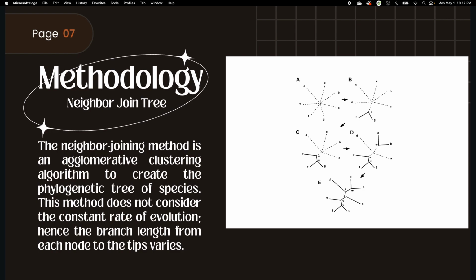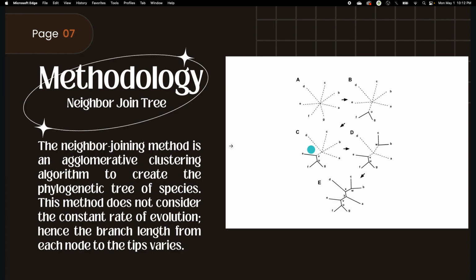That means in the tree you will see different branch lengths in a single cluster. That is because rapidly mutating viruses evolve over time in different patterns. Their growth rate can be different. So that's why the neighbor joining algorithm considers that they can have different growth rates over time, and the branch lengths can also vary accordingly.